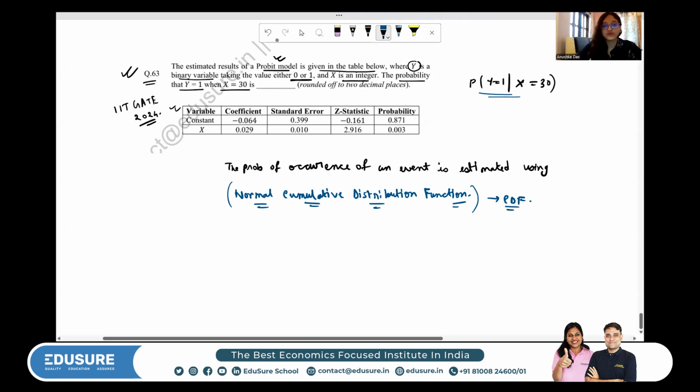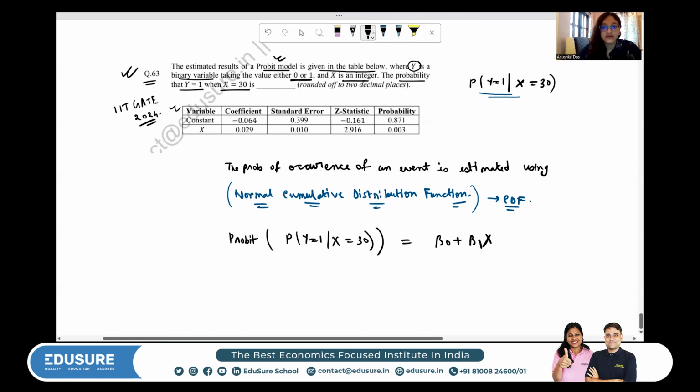So that is what we are going to do here. Let's see how we can solve this. Suppose our Probit model is estimated using beta naught plus beta 1 x.